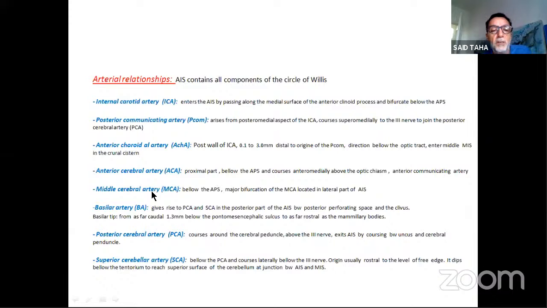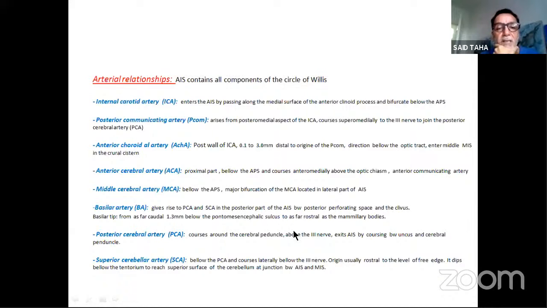For the middle cerebral artery, it comes from below the anterior perforated substance, and the major bifurcation is located in the lateral part of the anterior incisural space.